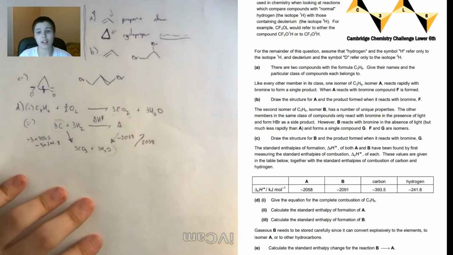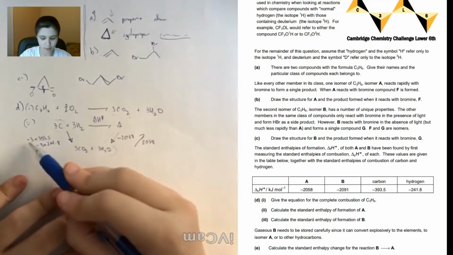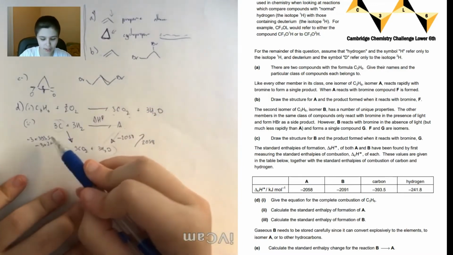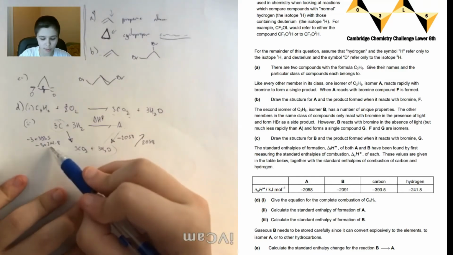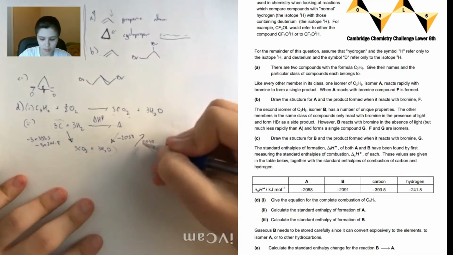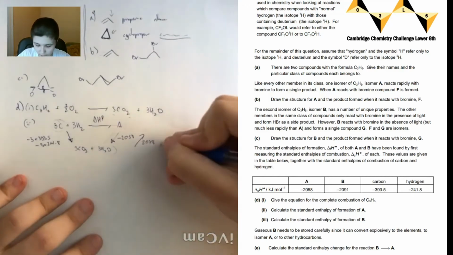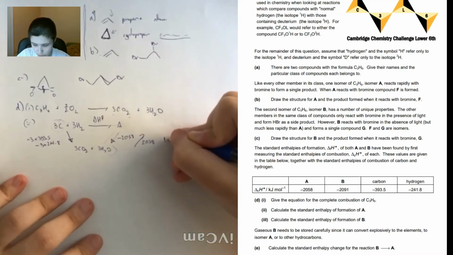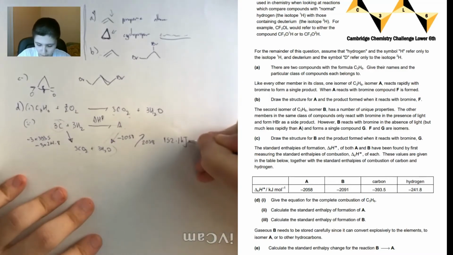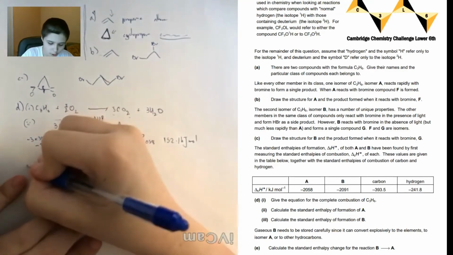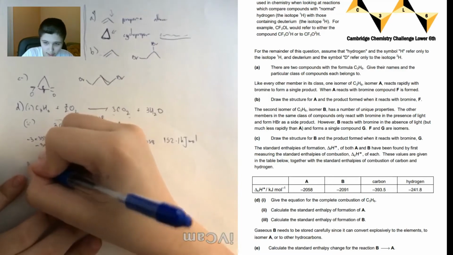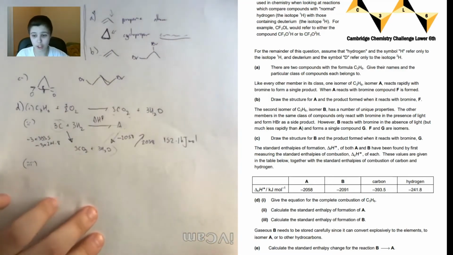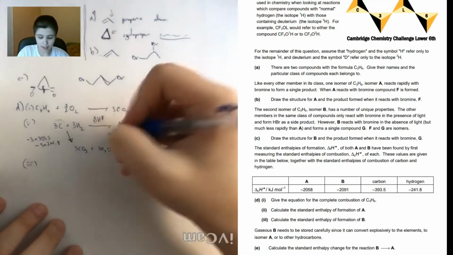So combining all of these together, summing them to give this arrow, is going to be minus 3 times 393.5 minus 3 times 241.8 plus 2058, which gives me 152.1 kilojoules per mole.